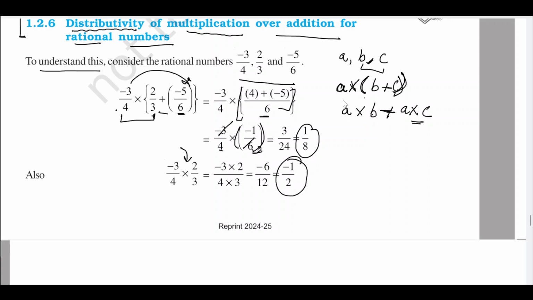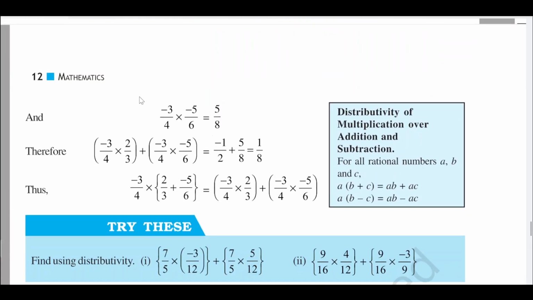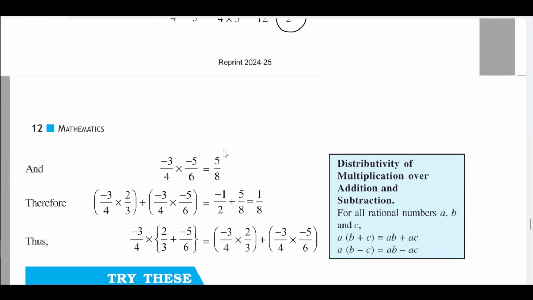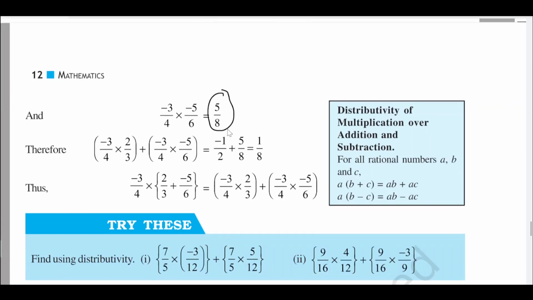From here you see, A into B we have done here, and then we are doing A into C. A into B, how much did we get? Minus 1 by 2. And A into C: minus 3 by 4 into minus 5 by 6, how much is it? Sorry, 5 by 8.